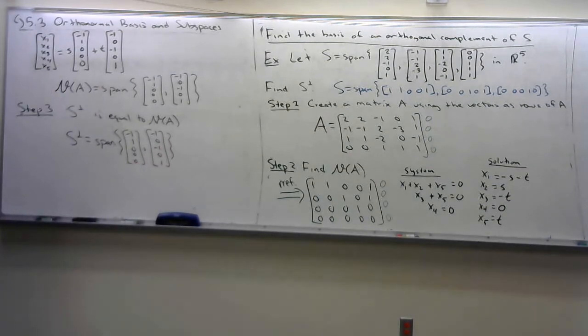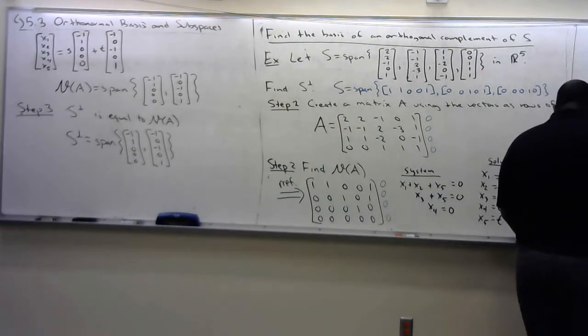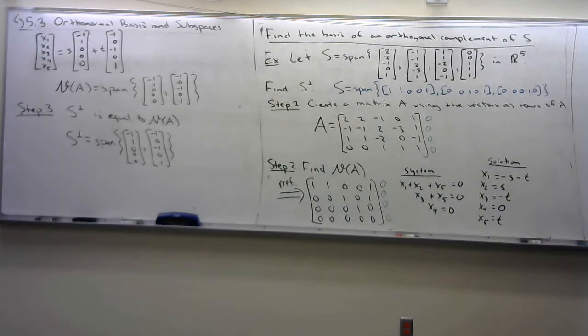Now, I want you guys to know that if I were to combine S and S perp together, combine their basis vectors together, that combined set of basis vectors would span all of R5.